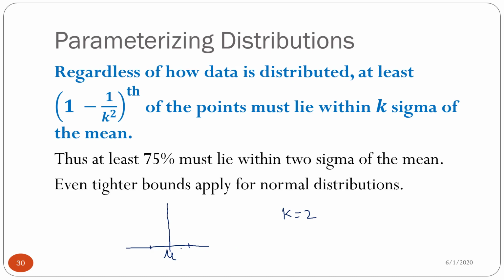So k equal to 2 means you have sigma here, you have 2 sigma here. What is sigma? Sigma means the standard deviation. You have 2 sigma here, right and left. So it should be minus 2 sigma because you're going on the left. It should be minus sigma, it should be positive sigma and 2 sigma.